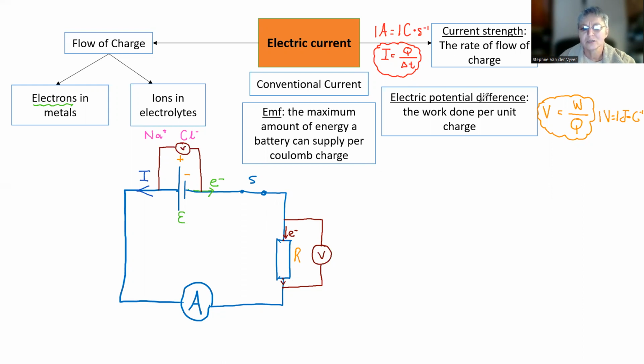So there is an electric potential difference between the ends of a conductor, especially resistors. When you have connecting wires, they have hardly any resistance. We can ignore the resistance of connecting wires. They have negligible resistance.